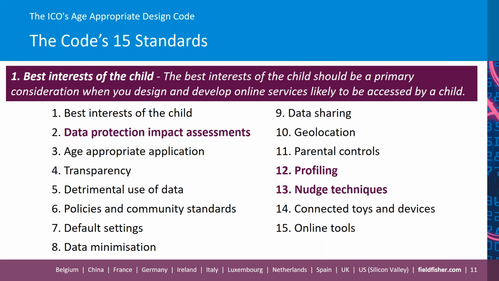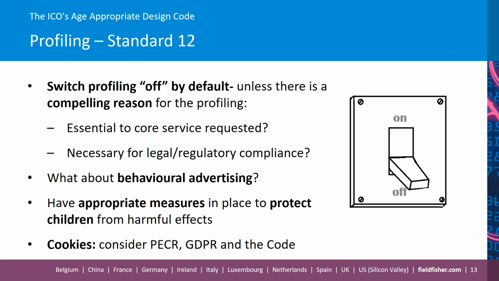So the best interests of the child should be a primary consideration when you design and develop online services likely to be accessed by a child. Now, we're going to focus today on 3 of the standards in particular. So I'll move on now first of all to profiling.